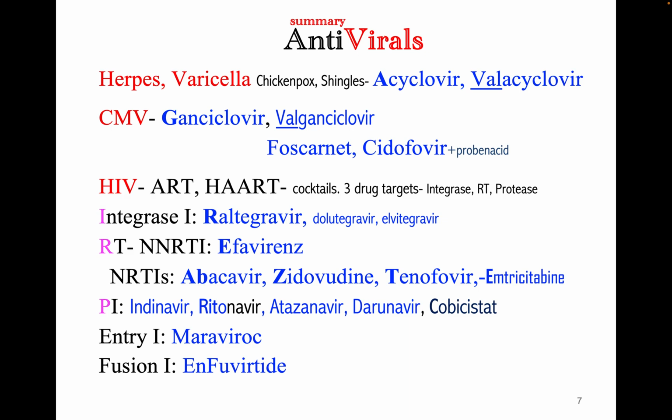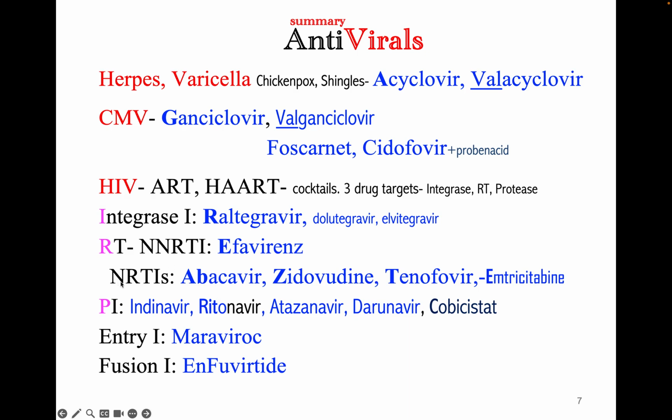Then the next one is reverse transcriptase inhibitors. Let me explain this very simply. There are two methods. One, you can use a drug that directly binds to reverse transcriptase and inhibits its function. Very good. The second, we can use some other group of drugs. We can block the function of reverse transcriptase by replacing the nucleotide.